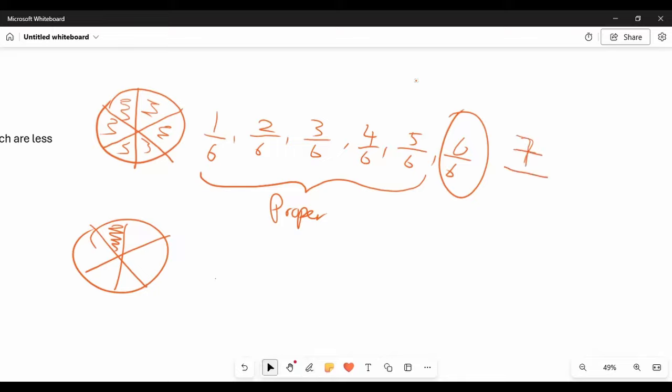Would it be 6 or 12? Good job. Almost everyone is saying 12.